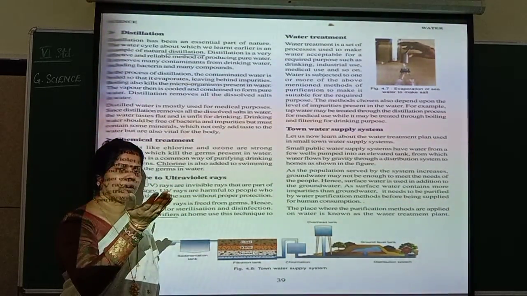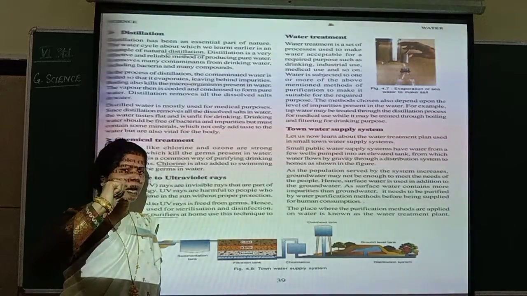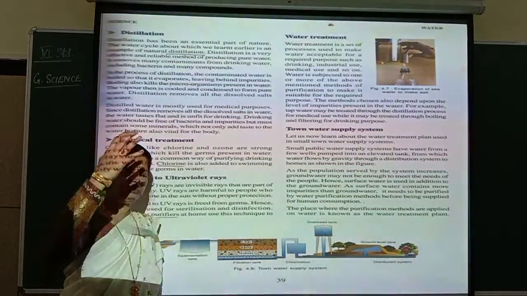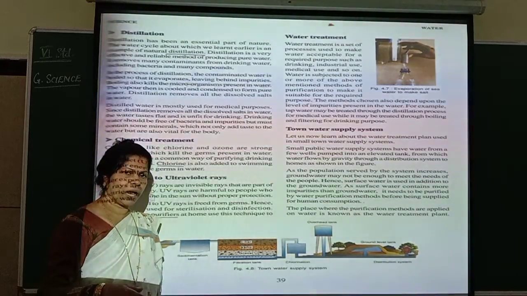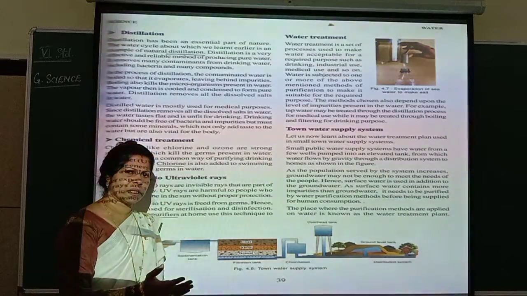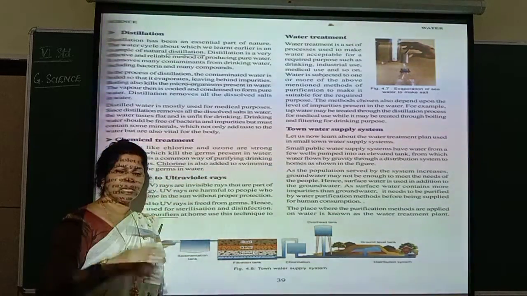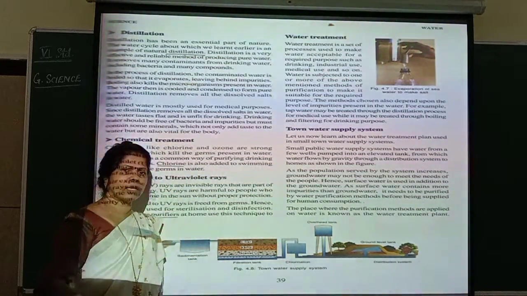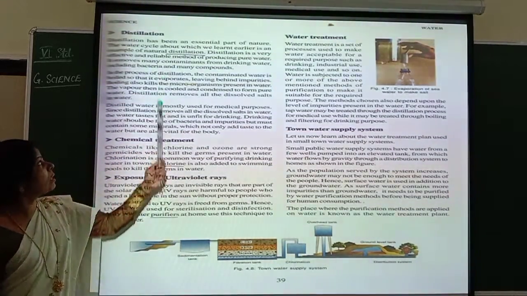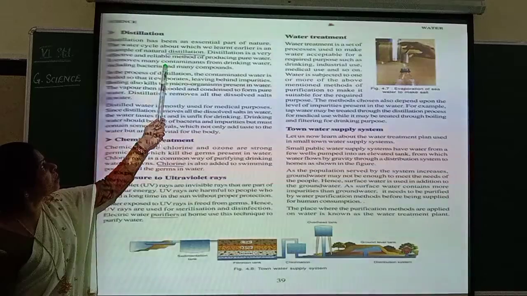And when it gets evaporated, it forms the clouds. And in the clouds, when the water gets condensed, it falls down as rainfall. And again the rainwater reaches the water resources. Again, the sun's light and heat fall on it, and it evaporates. So that is called the water cycle. Water cycle is one method of distillation.